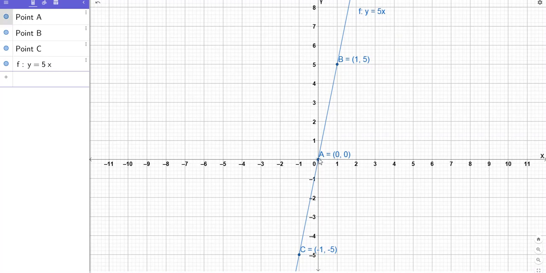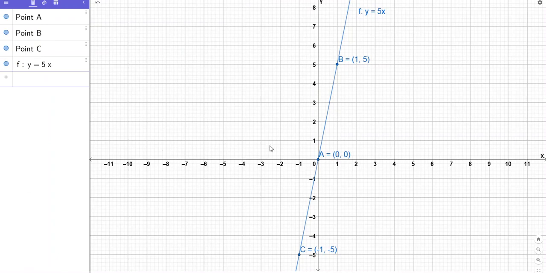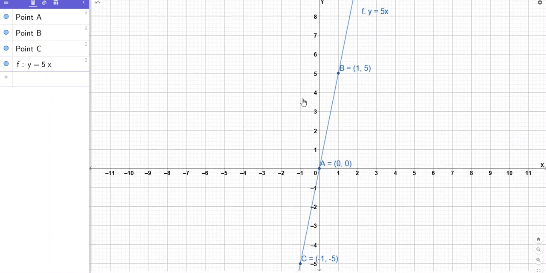So over here you can see when x is 0, y is also 0, which means when the distance traveled is 0 unit, then work done is also 0.